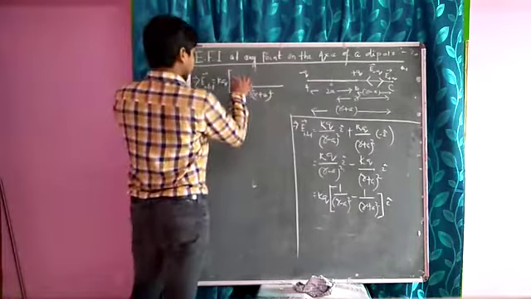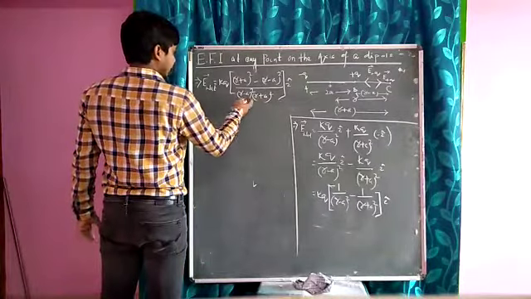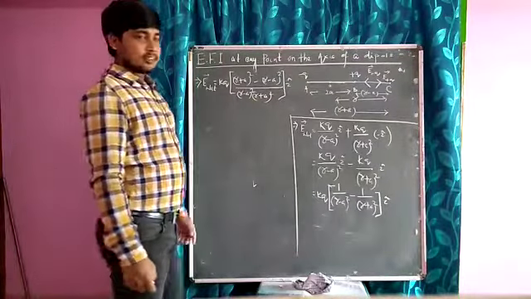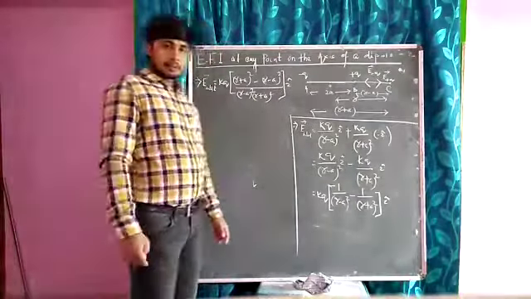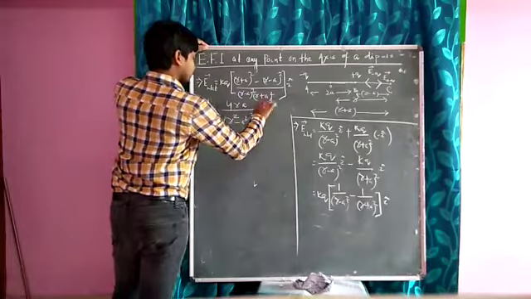And we know that A plus B whole square minus A minus B whole square is simply our 4AB. And this will be what? A plus B into A minus B. We know that A plus B into A minus B is our A square minus B square. So I can say that E net will be equal to 4AB, 4R into A divided by R square minus A square whole square into I cap.